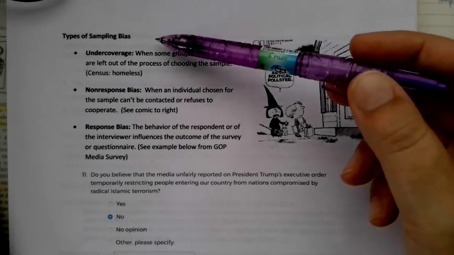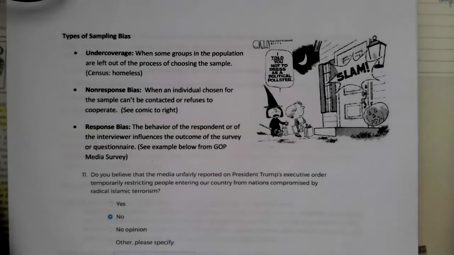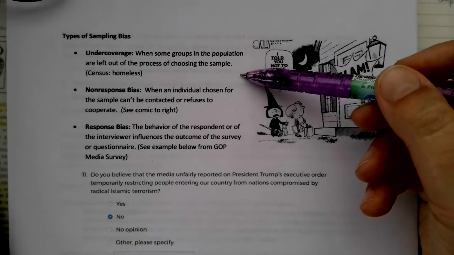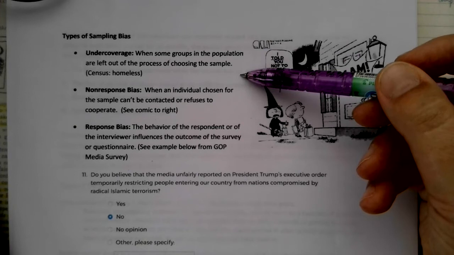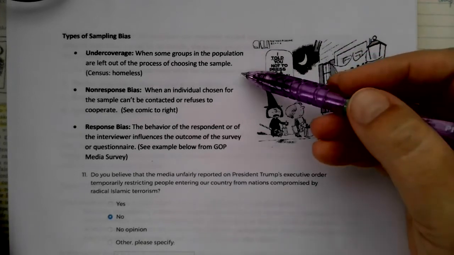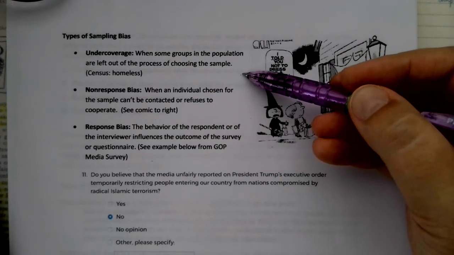So in the previous example that we were talking about, the political scientist who was doing her research, well, in her case, she suffered from undercoverage because she left out a group of people, the graduate students who she did not cover in her sampling.